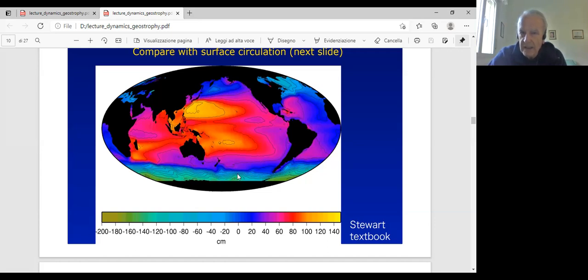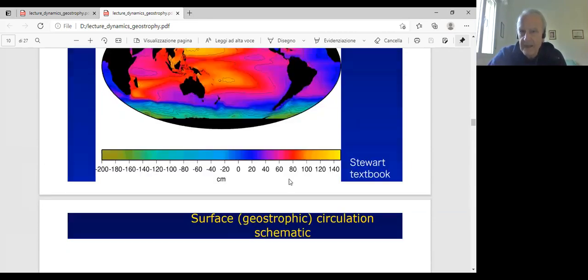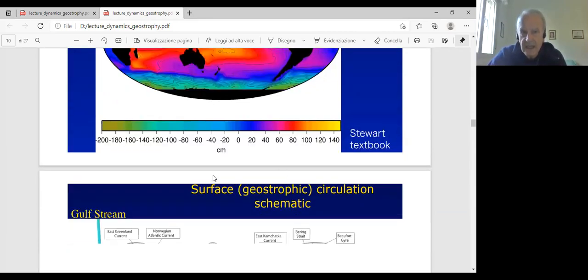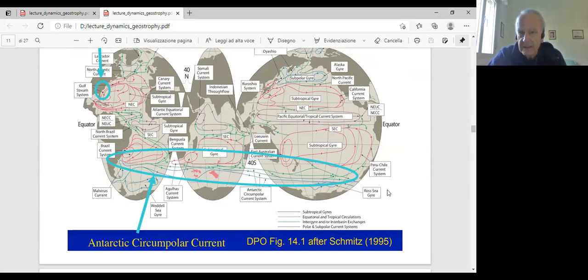So this is the Antarctic current, which is very strong, also partly due to the wind, because the wind pushes the water in the Antarctic area, creating a horizontal gradient of sea level, and creating this geostrophic flow around Antarctica. This is the Antarctic Circumpolar Current, which flows all around the pole.